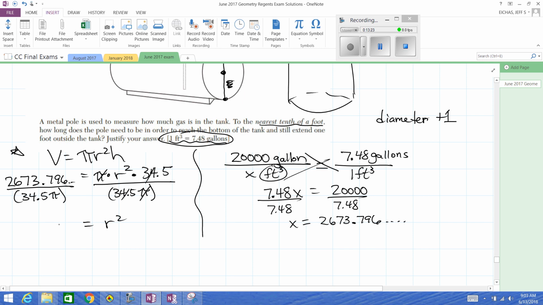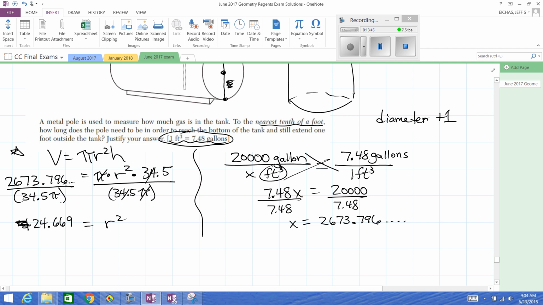So if you're doing it right with your calculator, you'll get r squared is 24.669. If you don't get that, if you get something that's a lot bigger, it's probably because you didn't handle this division by 34.5 pi right.